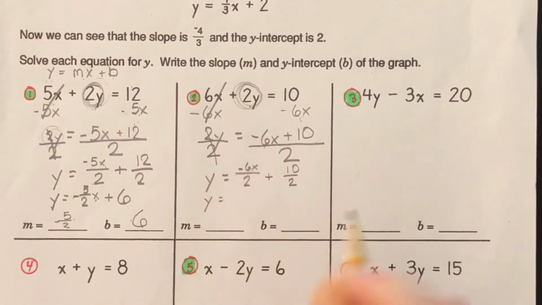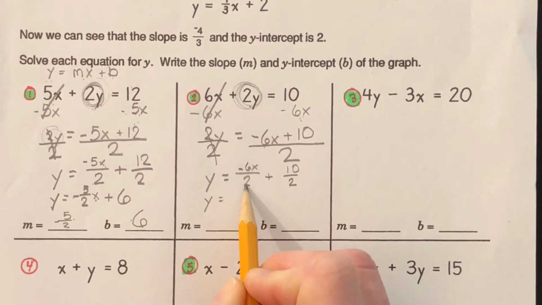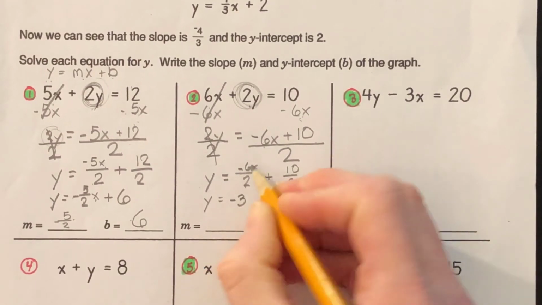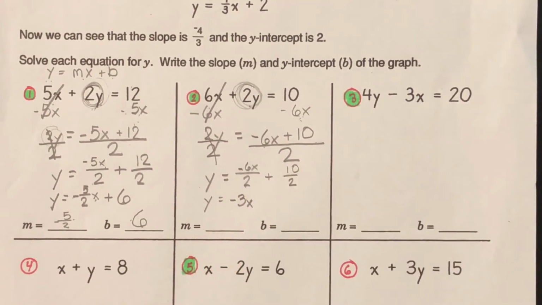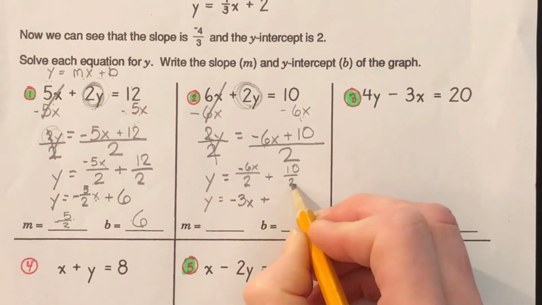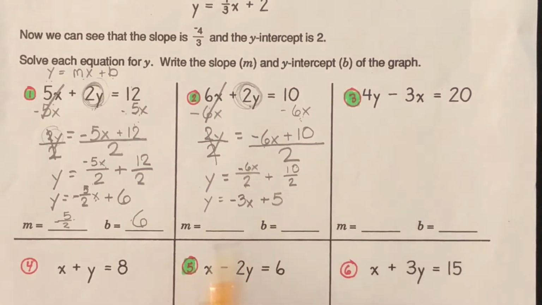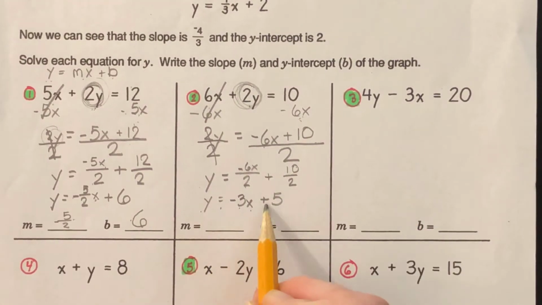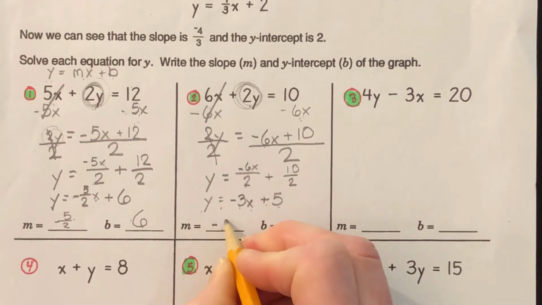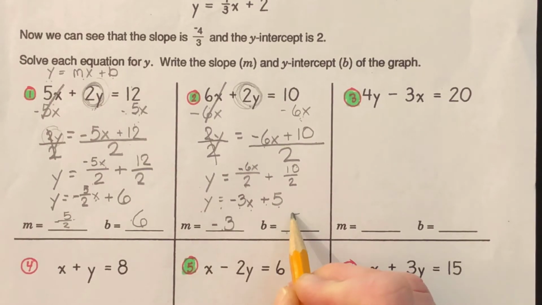Y equals, so -6 divided by 2 is -3x plus 10 divided by 2 is 5. Y equals mx plus b. M, the slope, is -3. Our b is 5.